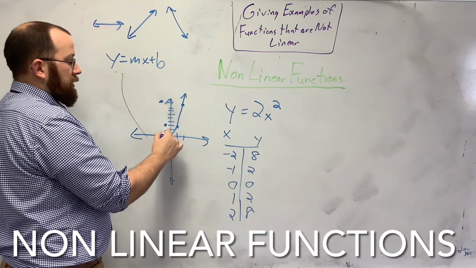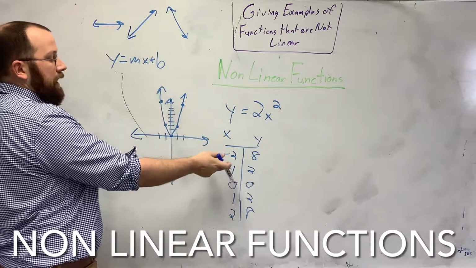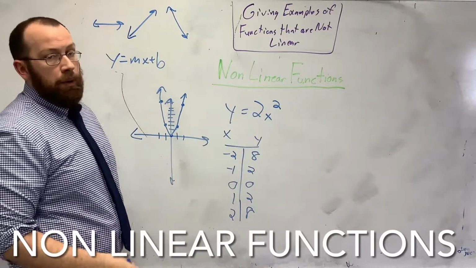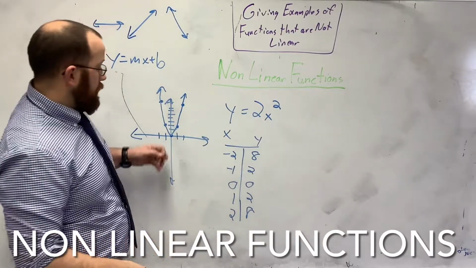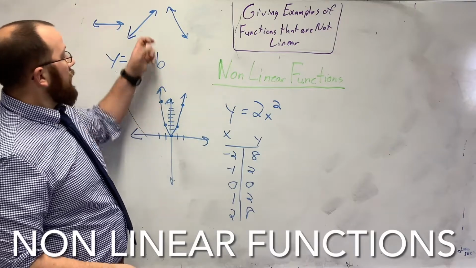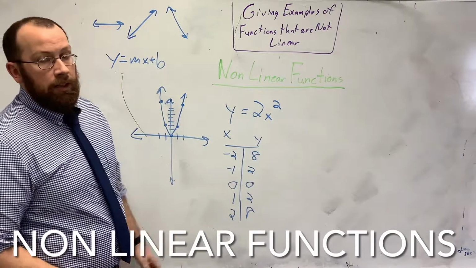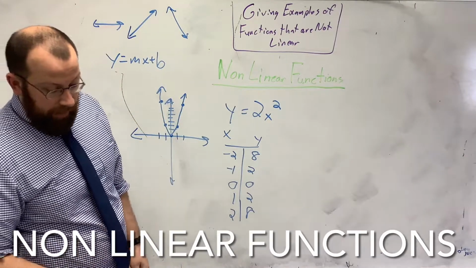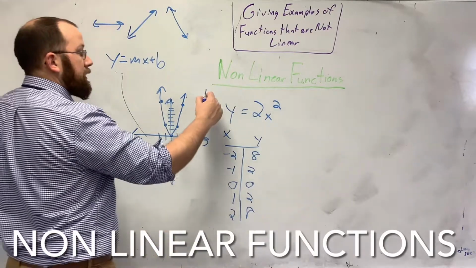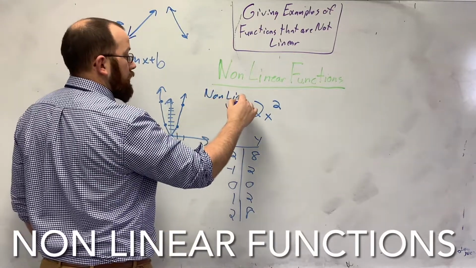It gives me what is known as a parabola, because this is a quadratic. A quadratic is squared. So there you go. Is that a straight line? No, it is a curved line. So this is non-linear.